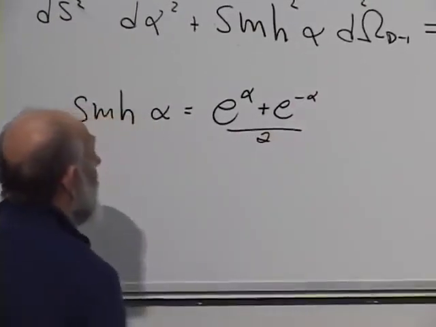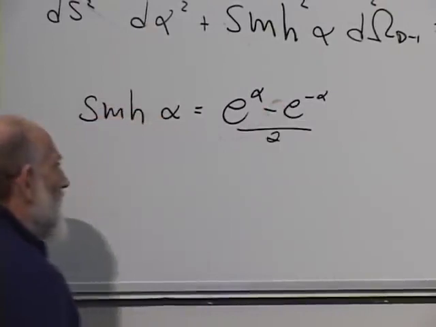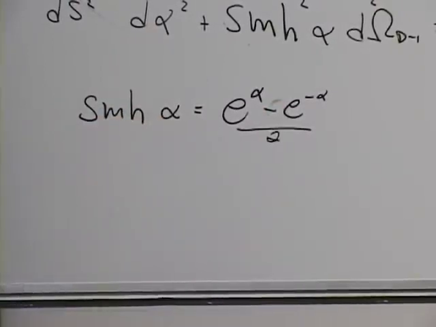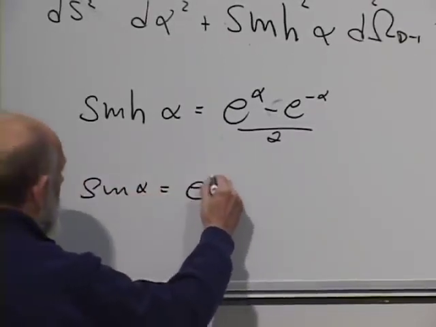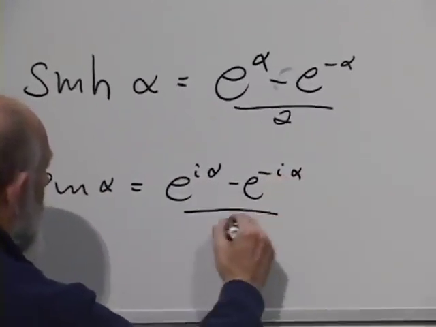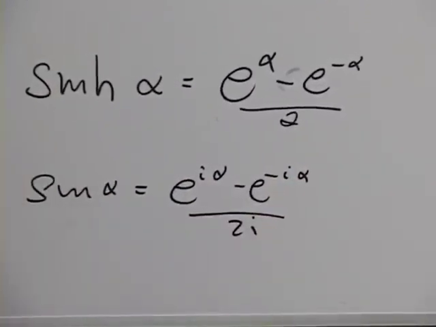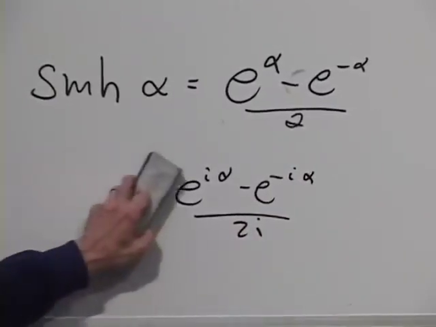What? Minus. Thank you. I would have made that mistake. Minus e to the alpha. It's the analog of the statement that sine of alpha is e to the i alpha minus e to the minus i alpha over 2i. All right, but we don't particularly need this formula here.